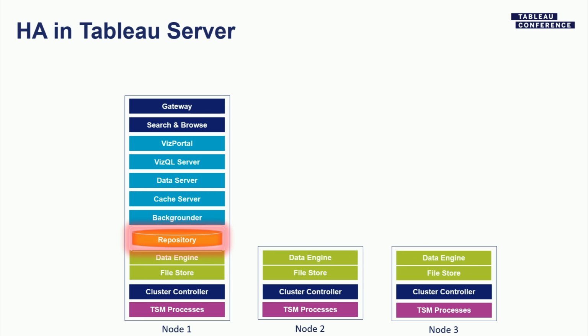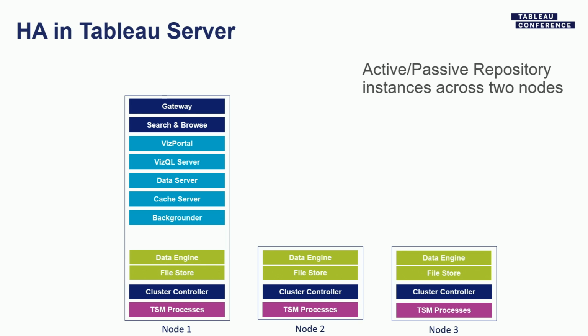So what do we do since we can really only have one active instance? Well, the repository is actually built on Postgres, which is a database. And if you're familiar with Postgres, you can set up Postgres to have a passive repository. And so that's exactly what we'll do. We'll set up 2 instances of Postgres in our cluster.